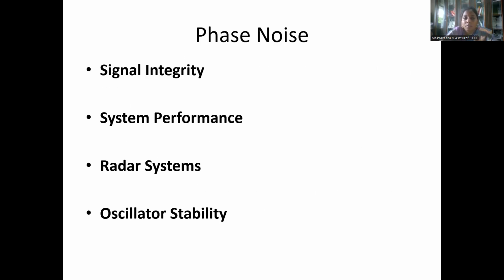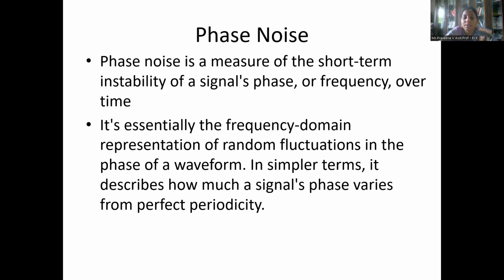We have to consider these parameters. Phase noise is an instability of a signal's phase or frequency over time. It is essentially the frequency domain representation of random fluctuations of a signal or a wave.